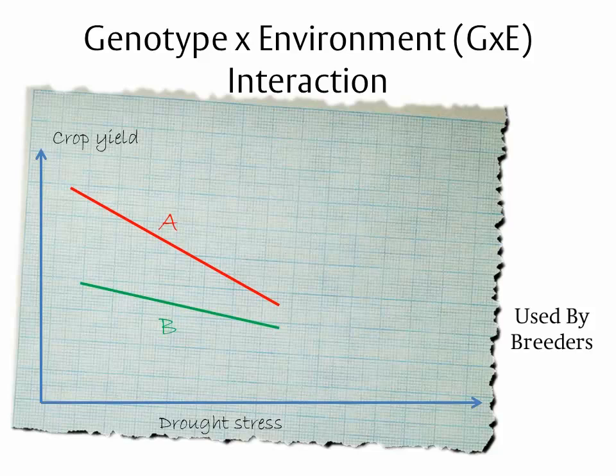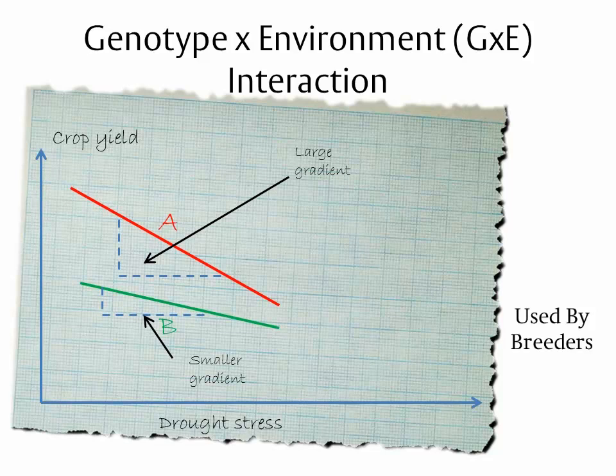As stress increases, the yield of the crops decreases, and that's not surprising. But the way that the two varieties respond to increasing drought stress is not the same. Variety A starts off with a high yield in low drought stress environments, and that is reduced quite quickly as stress increases. Variety B reduces less quickly as stress increases.